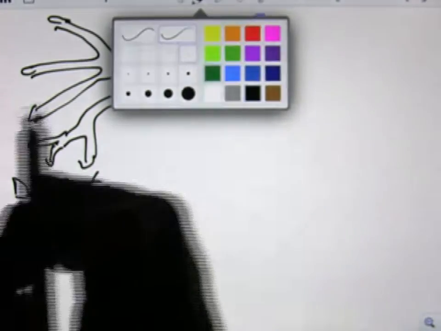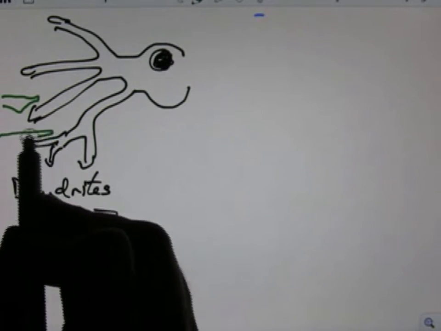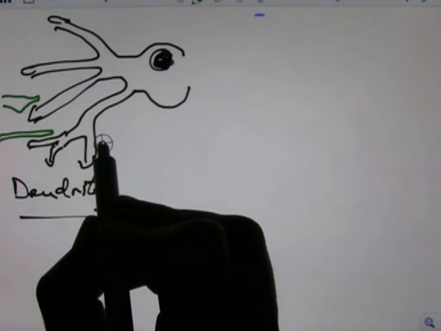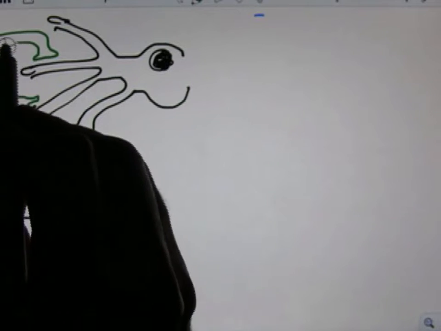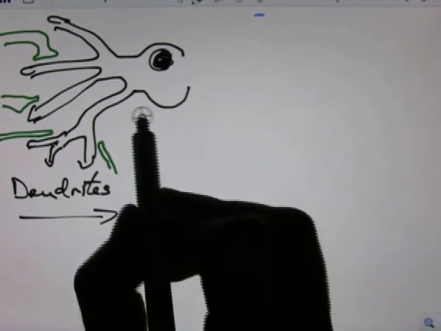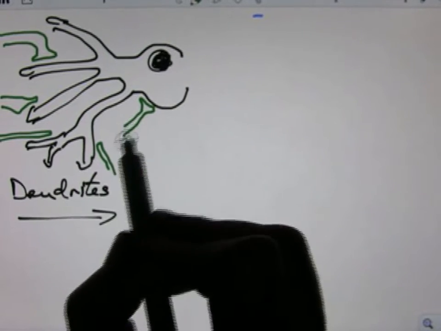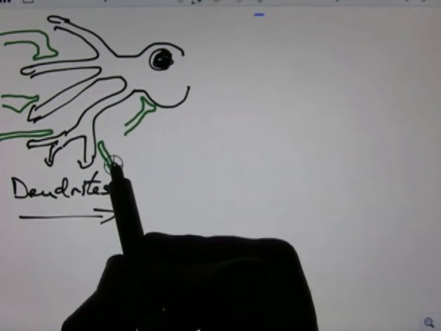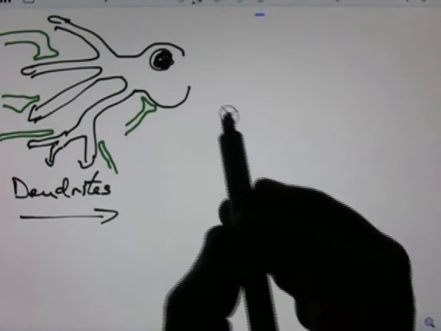Synapses from other cells, from other neurons, are on these dendrites. Synapses can also be on cell bodies. So all of these would be from different neurons. Some could be from the same neuron, but mostly from different neurons on dendrites or the cell body.